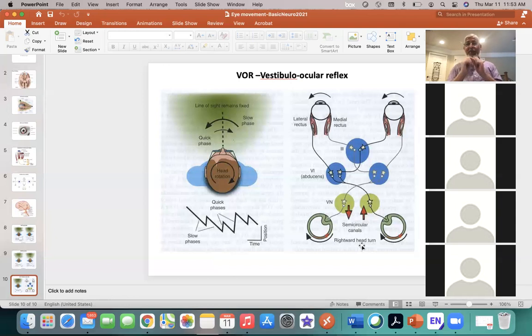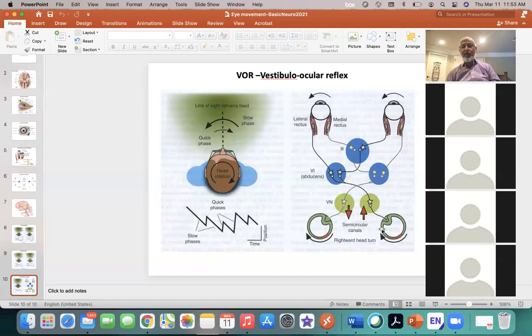Now, just see how it happened. In this case, the head is moving in the right direction. So now look at which direction, you didn't cover it, so I don't want you to understand it fully, but at least try to understand that your head is moving in this direction. If the head moves in this direction, this semicircular canal will not be active.